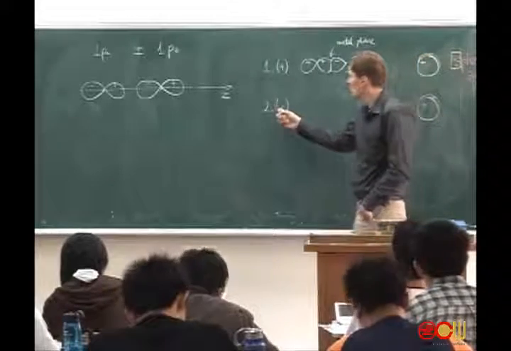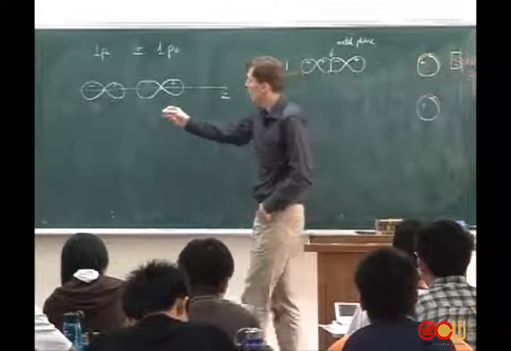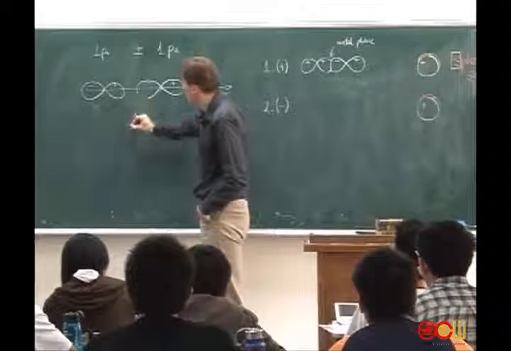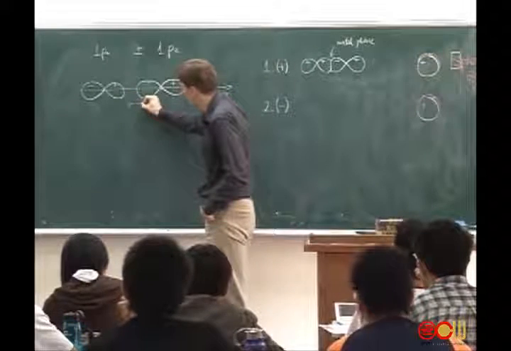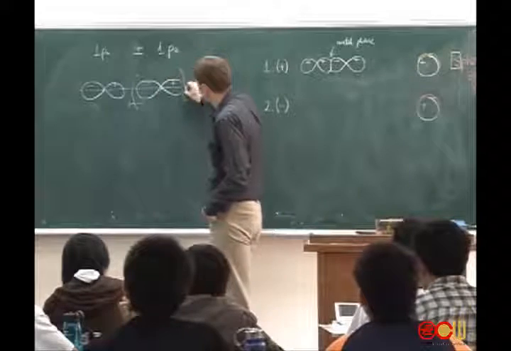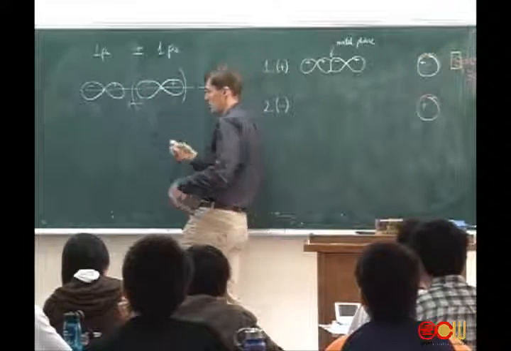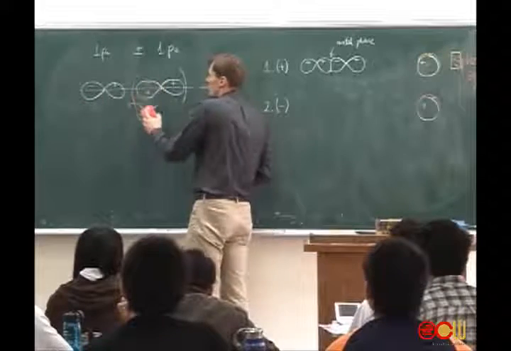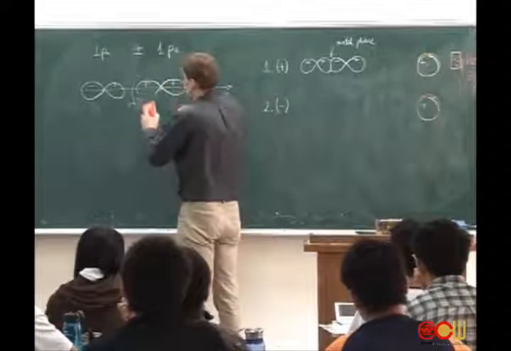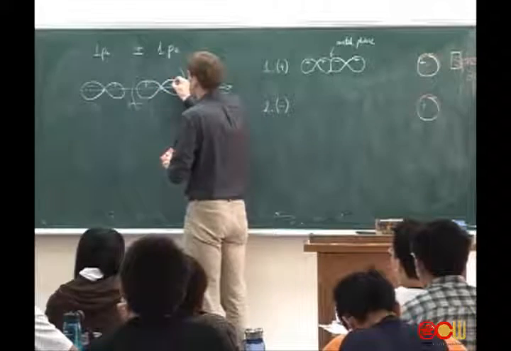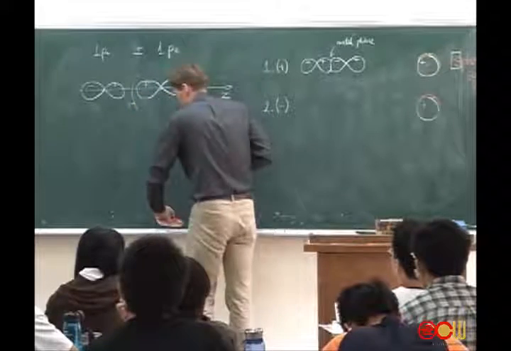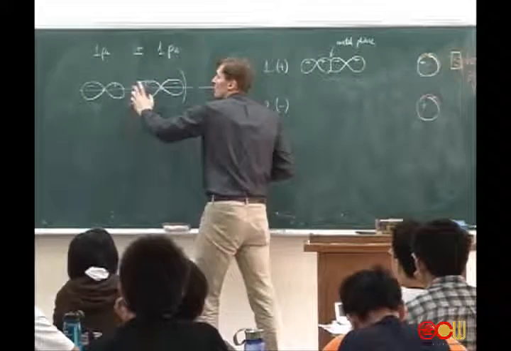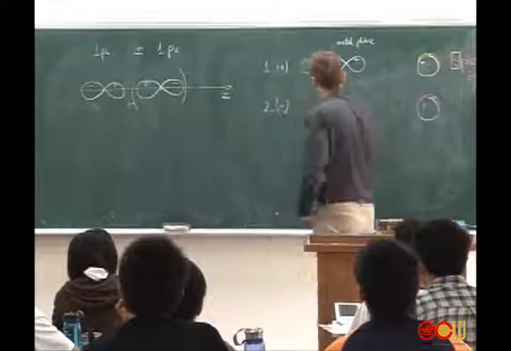In the case of the minus sign, the minus enters the orbitals, changing its sign. So minus minus becomes plus, and minus plus becomes minus. And now I see that the plus and plus overlap together.